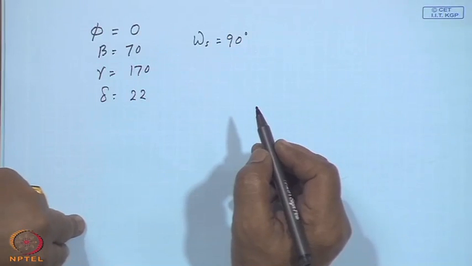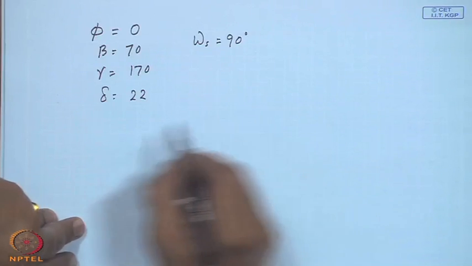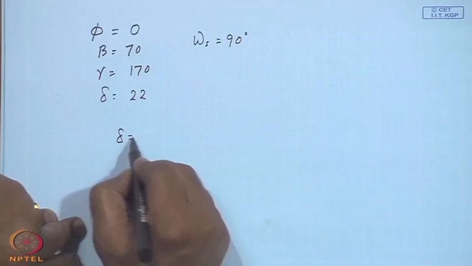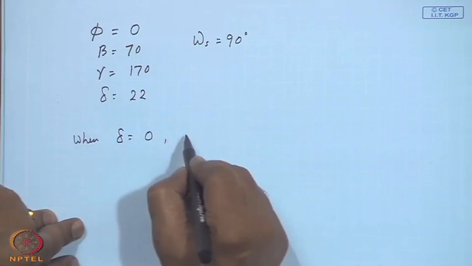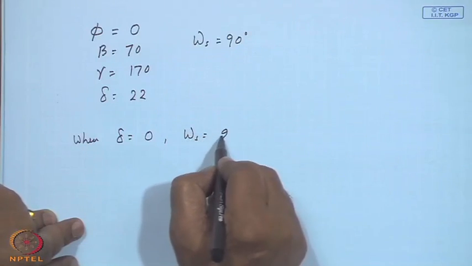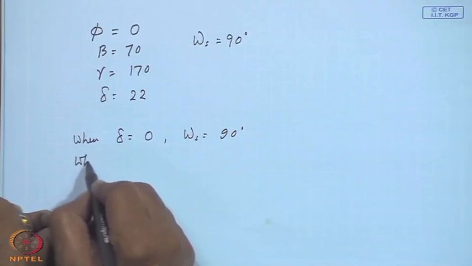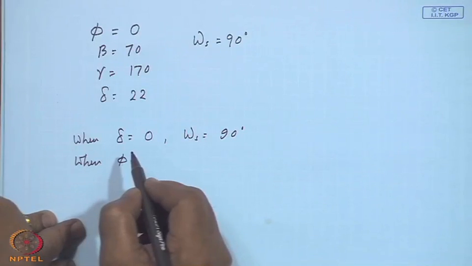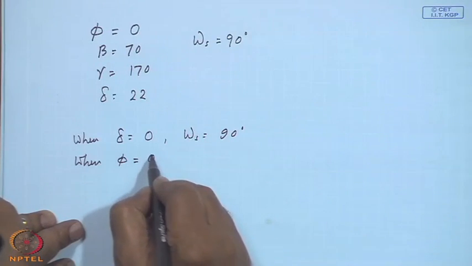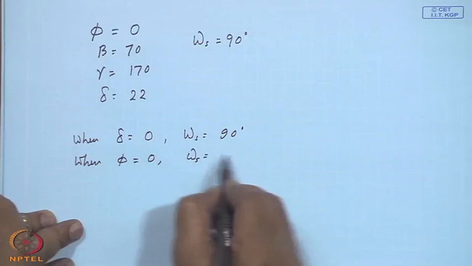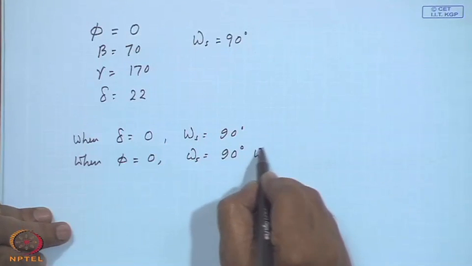I guess we had mentioned wherever you are on the earth on equinoctial day, that is when delta is equal to 0, your omega s is 90, and when phi is equal to 0, omega s is 90, whatever may be delta.